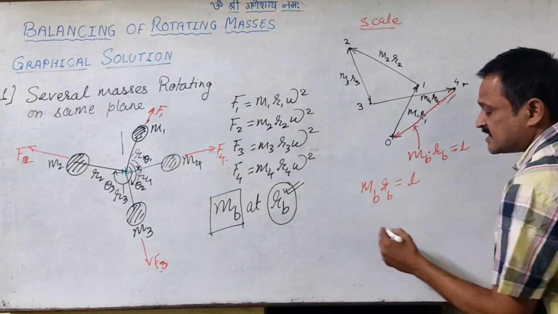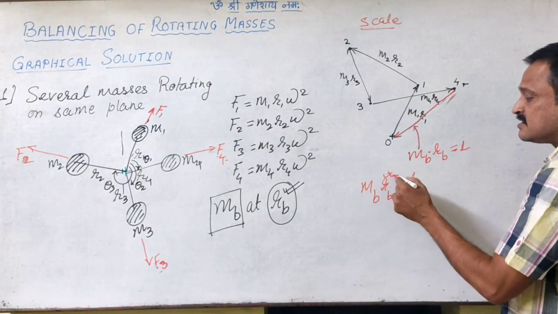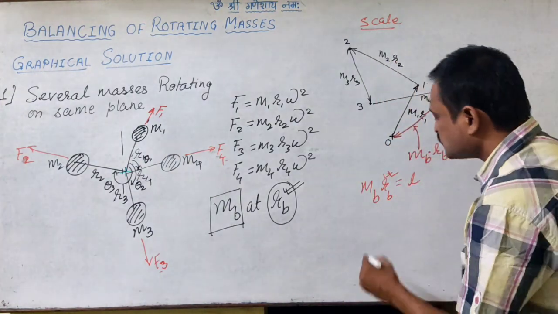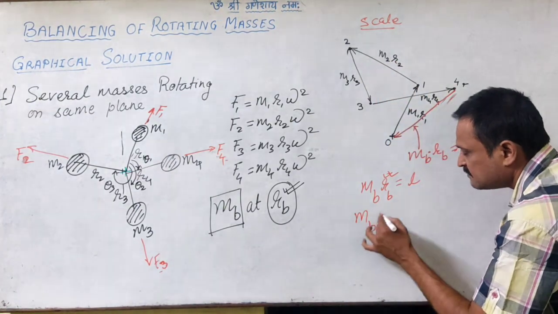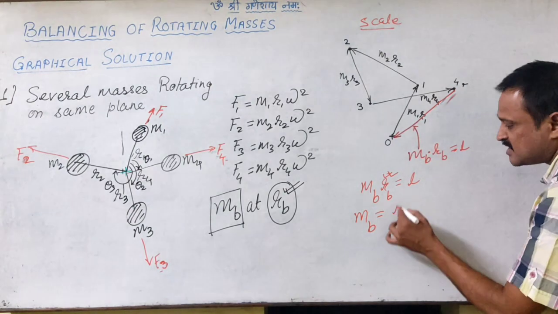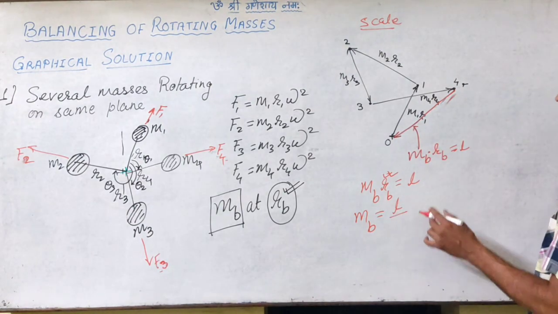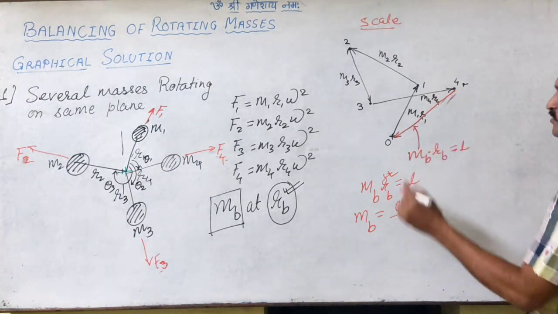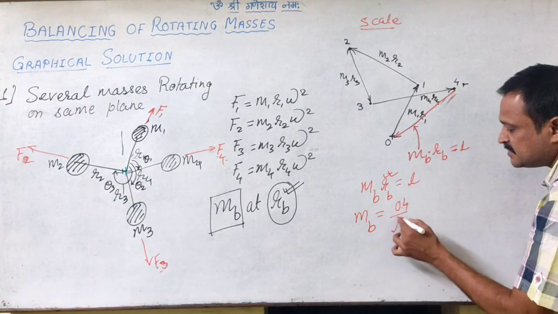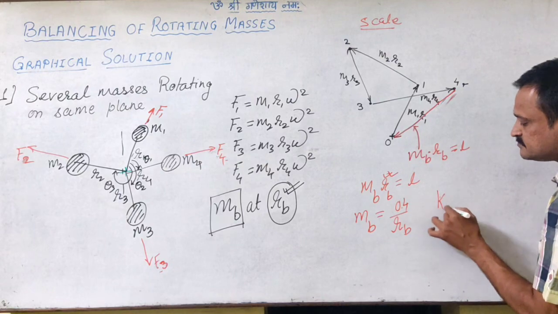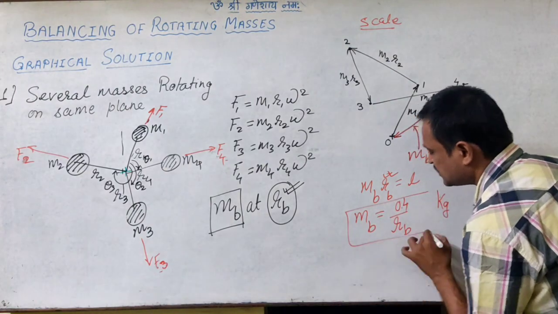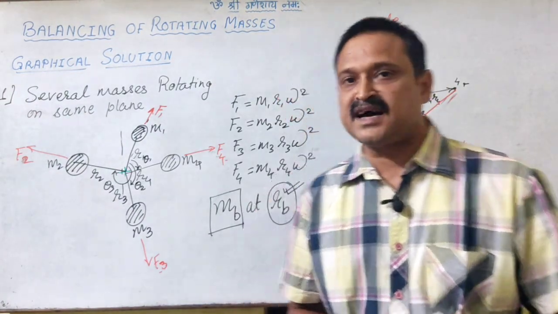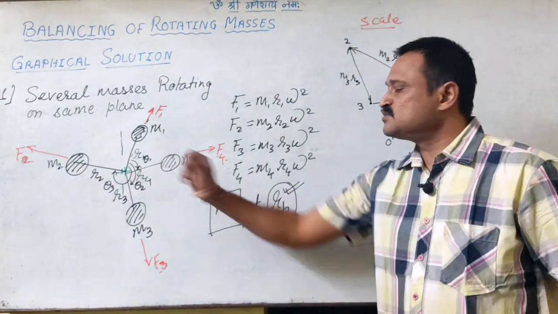As I have said, the RB, the radius of this balancing mass, is known to me, so I can determine the magnitude of this balancing mass to be that L, that means the O4 length, divided by RB. Whatever may be the unit, I can determine the magnitude of this balancing mass which is going to balance this system.